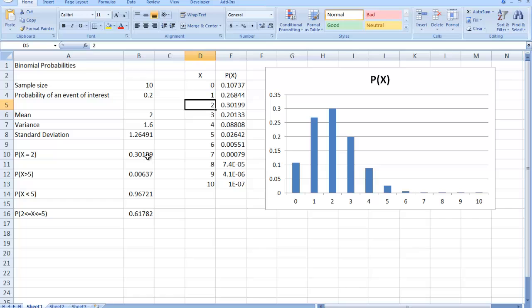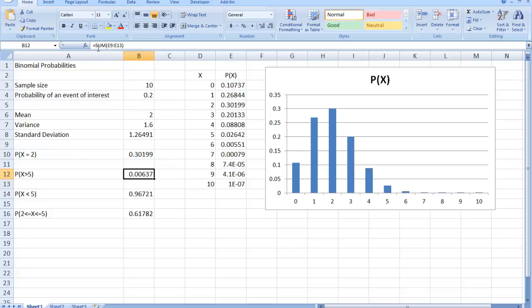Now certain probability questions come up, like the probability that x is 2. You can see that that's directly equal to E5, which is this cell. That's the probability that x is equal to 2. The probability of getting an x that's greater than 5 would mean 6 through 10.